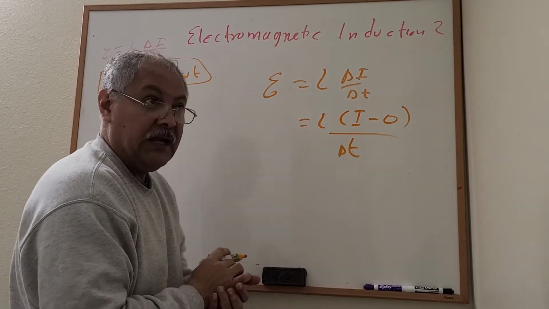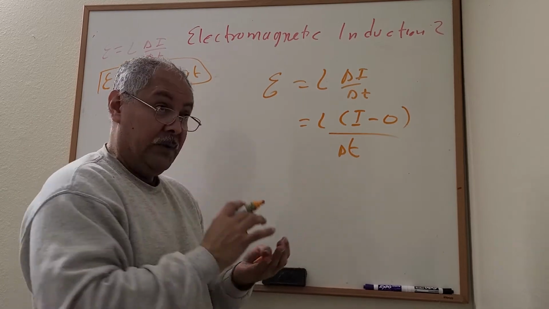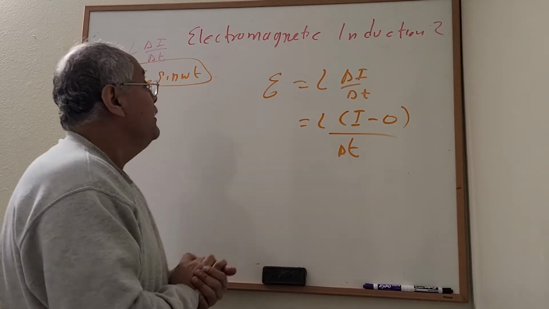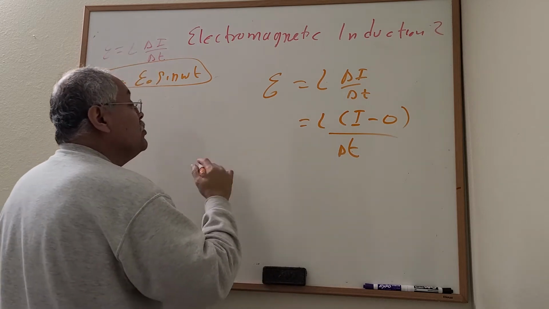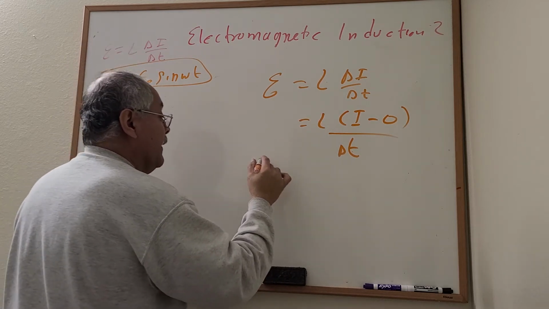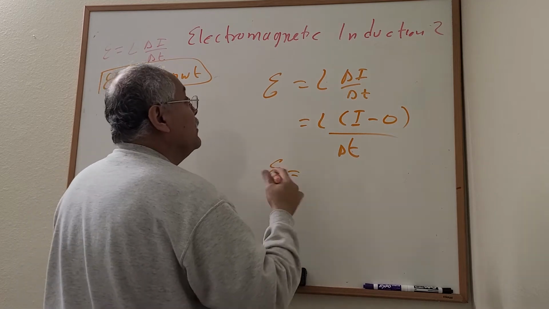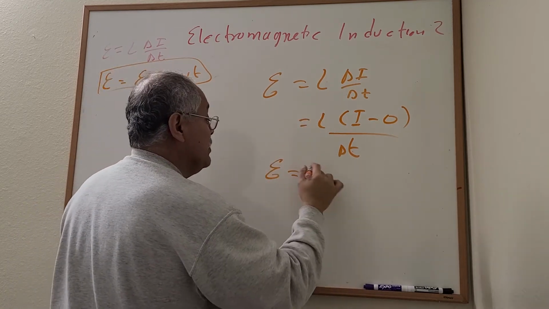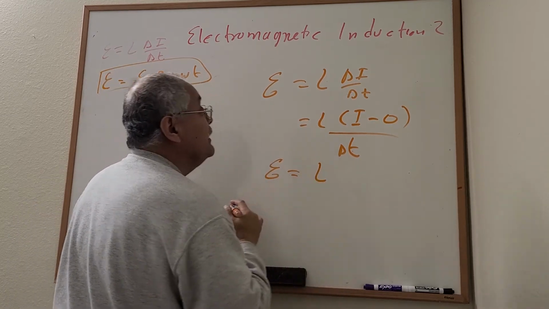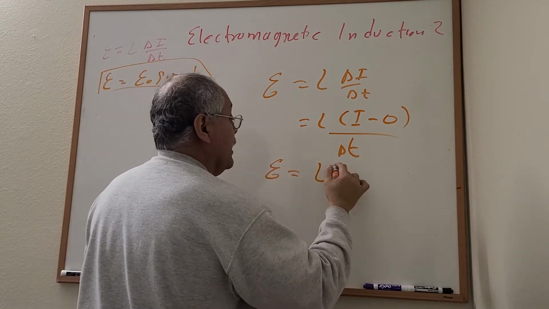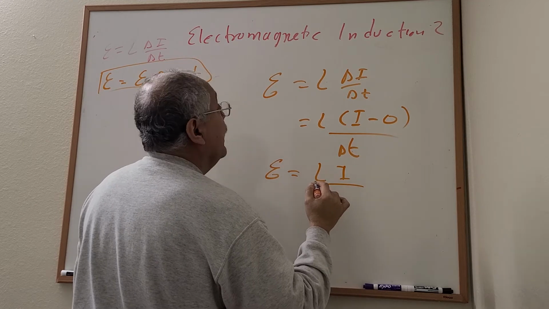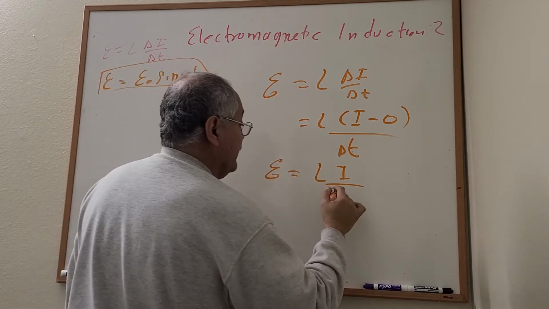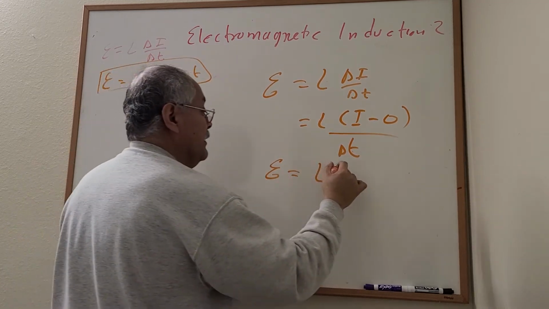We can solve it using calculus again, but this is not calculus based, this is an algebra trig based lecture. So let's take the average. So we have that the average electromotive force is equal to the inductance times the current divided by 2, correct?